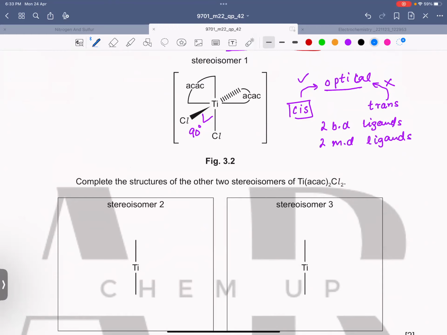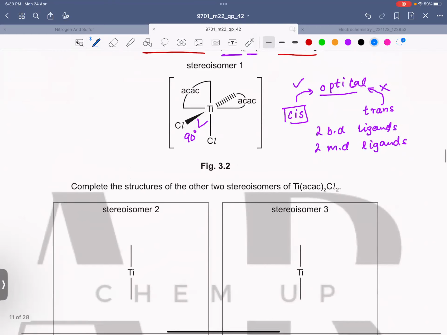So in one case, I just have to draw its mirror image. Let's have a look at what I would do. If I draw over here, I think it would be more understandable for you. See, in front of chlorine, I write a chlorine. In front of chlorine, I would write a chlorine.